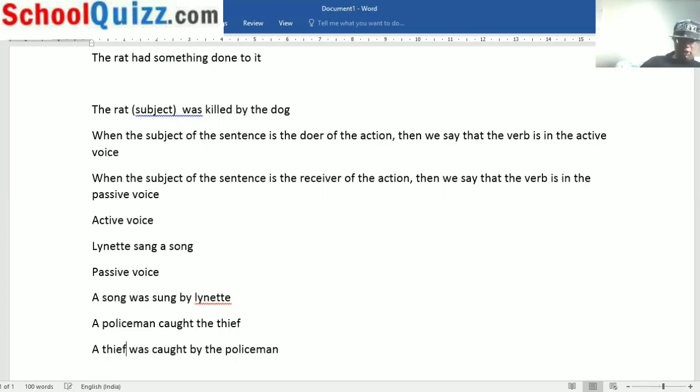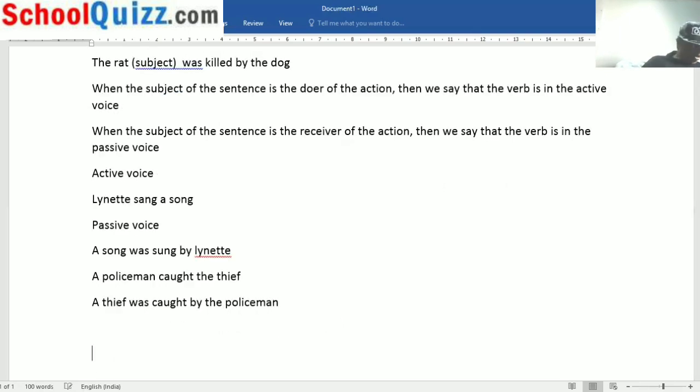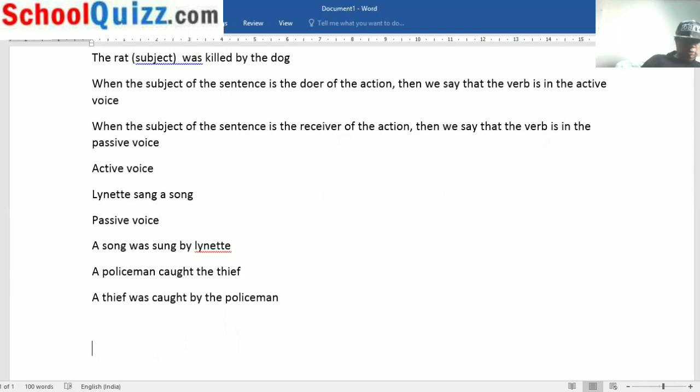Let me give you one more example. The teacher taught the class. Now the teacher is doing the action. So the teacher is the subject, and the class is the receiver of the action of teaching, or the class is the object of the action of teaching.